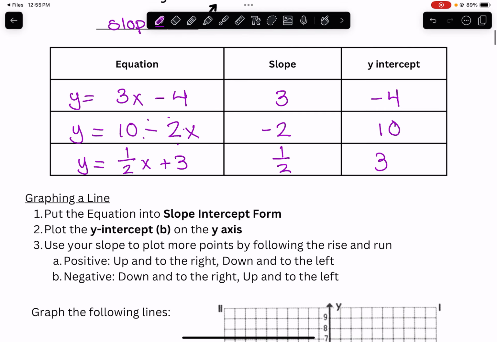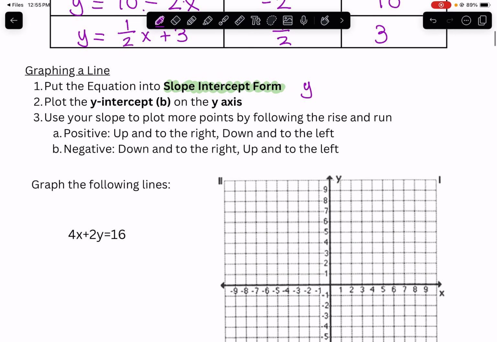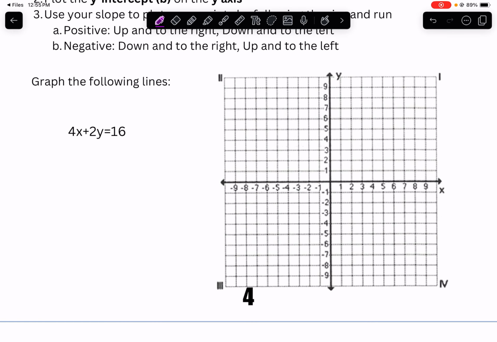Now, if we want to graph a line, the first thing that you want to do is rewrite any equation into slope-intercept form. So you're solving for y. You then start from the y-intercept and use your slope to move either up or down depending on what they give you. For example, they give me this equation. I need y to be by itself, so I'm solving for y. I want to move my x over to one side.